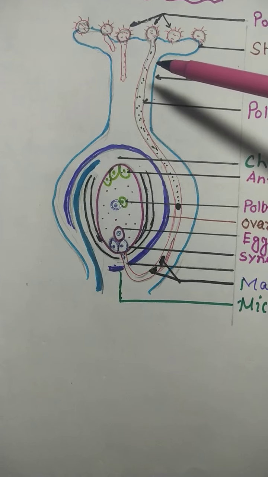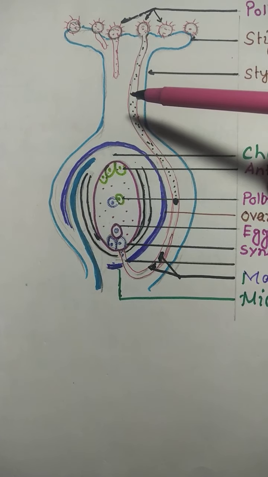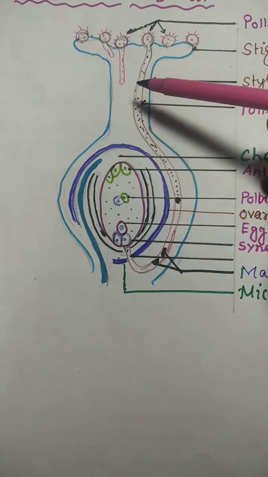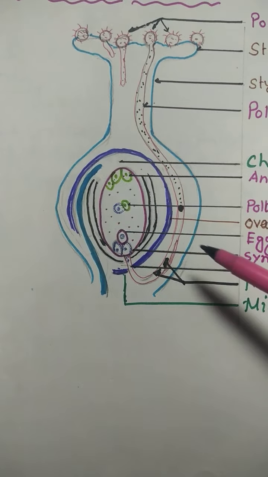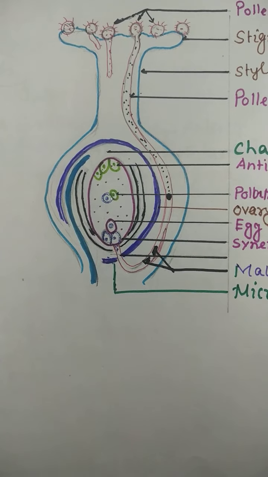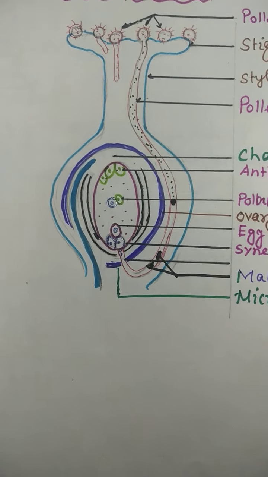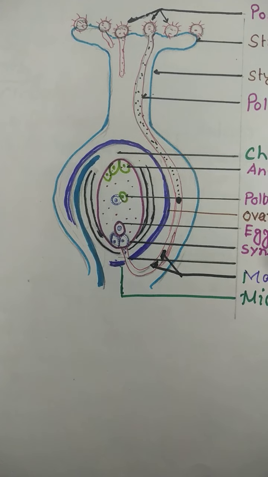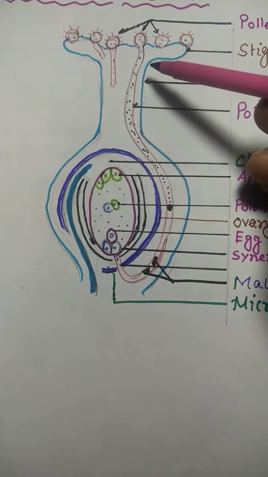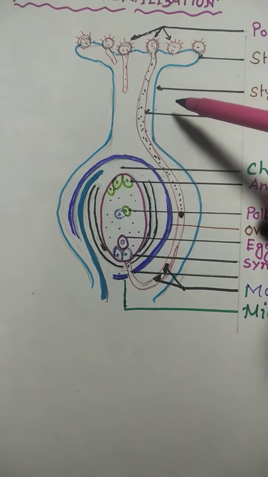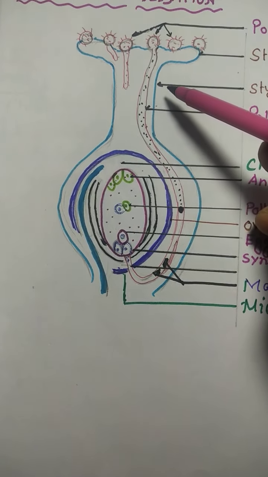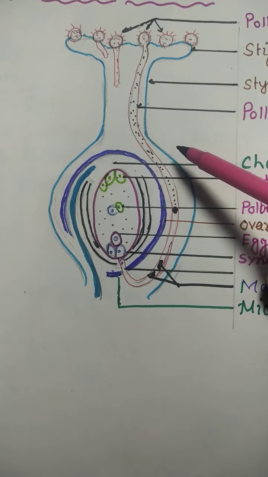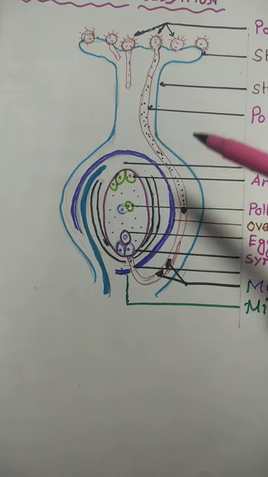In some species the style is short, but generally it is long. Then the pollen tube travels intercellularly and chemotropically along the concentration gradient of a calcium, boron, inositol sugar complex.